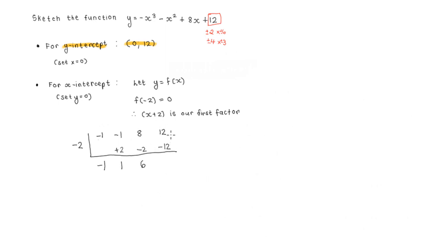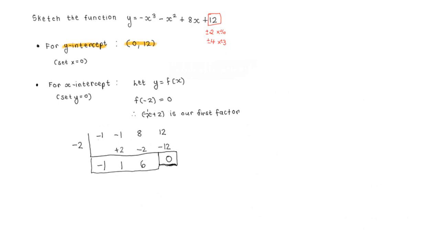And this is always the important step: when you add for your last column, that answer has to be 0. If you're wondering why it is so important for this answer to be 0, well, this answer being 0 confirms that whatever we have received over here is going to be the coefficients of our quadratic factor.